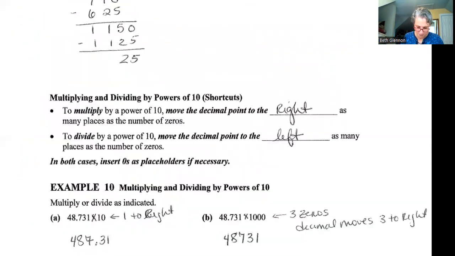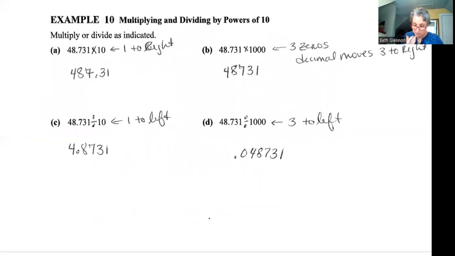Okay, here we go. Multiplying and dividing by powers of 10. Notice here a little bit different. For some reason, the little X's in the division signs did not copy over from our textbook. So here I'm going to multiply by 10. Every time I multiply by 10, the number is going to get larger.